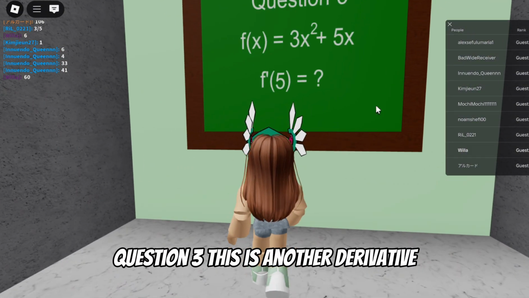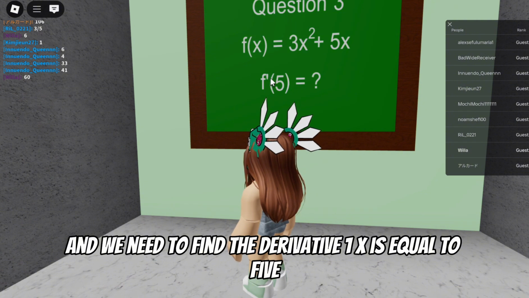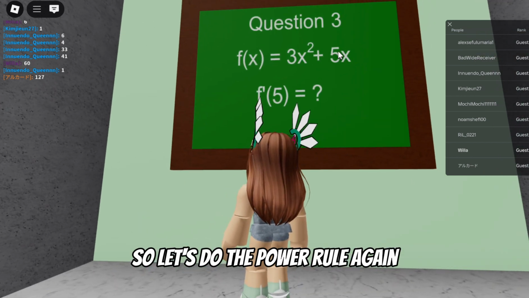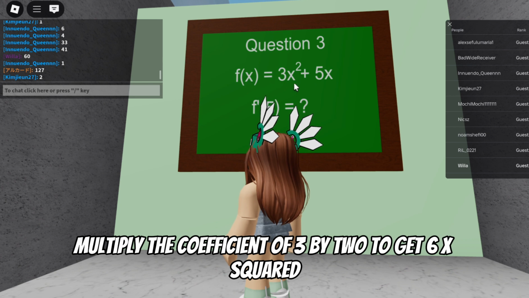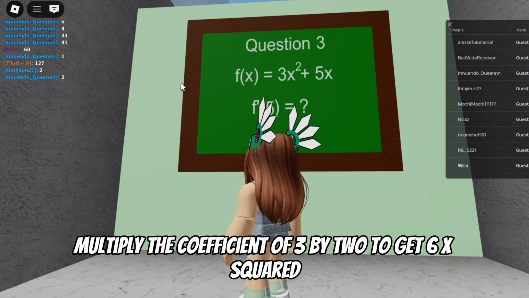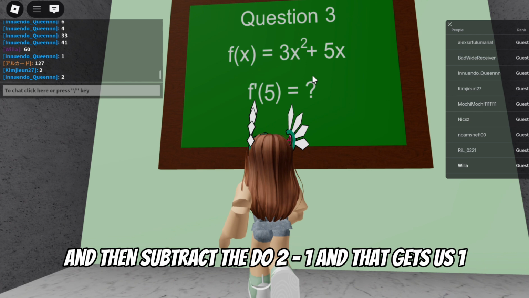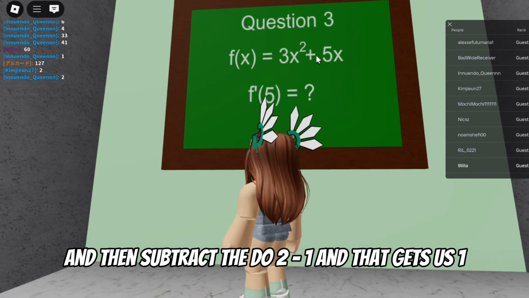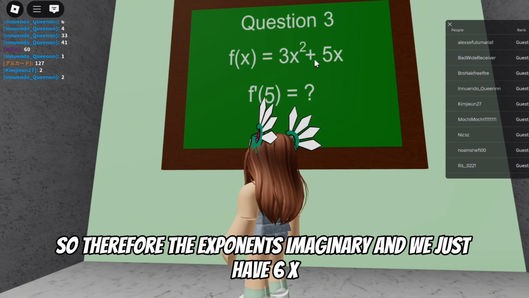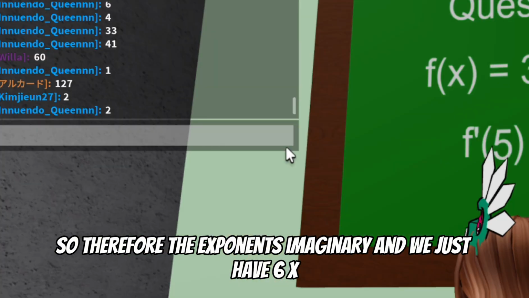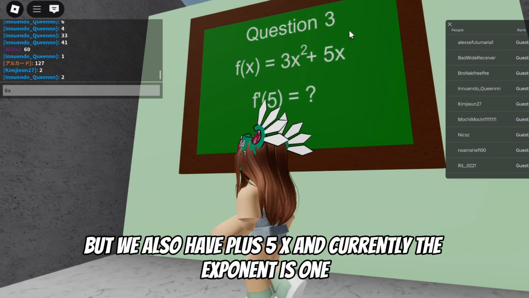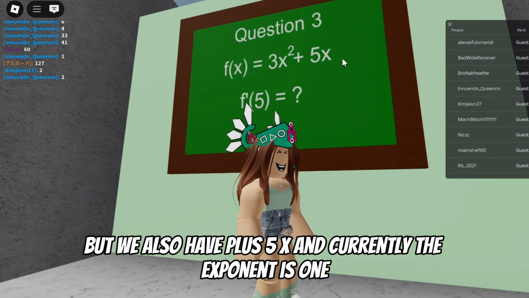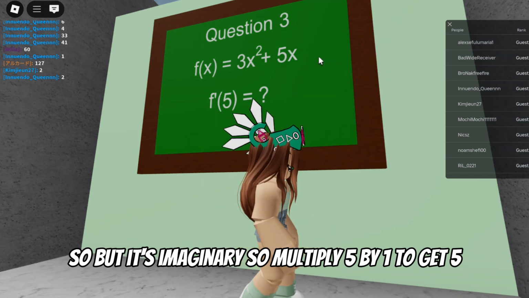Okay, question 3. This is another derivative, and we need to find the derivative when x is equal to 5. So let's do the power rule again. We got 3x squared, multiply the coefficient of 3 by 2 to get 6x squared, and then subtract 1 from the exponent, 2 minus 1, and that gets us 1. So therefore the exponent is imaginary, and we just have 6x. But we also have plus 5x, and currently the exponent is 1. So, but it's imaginary.